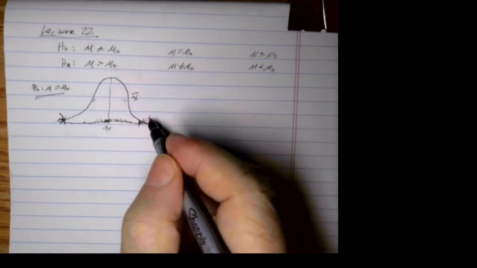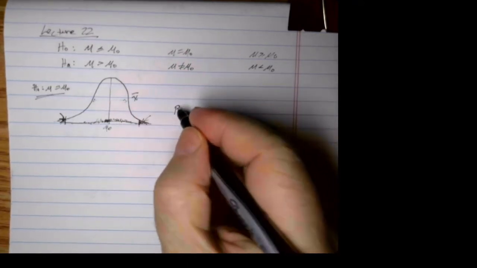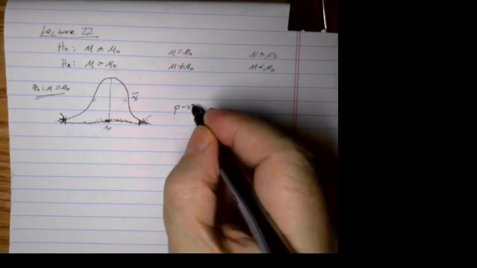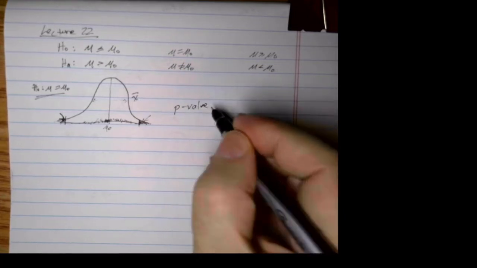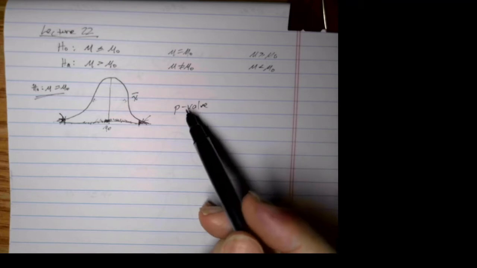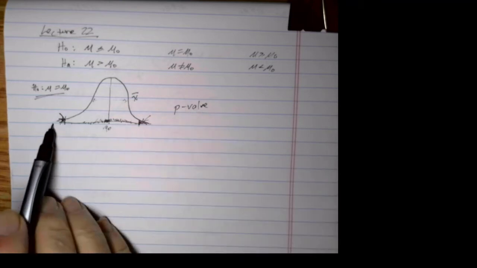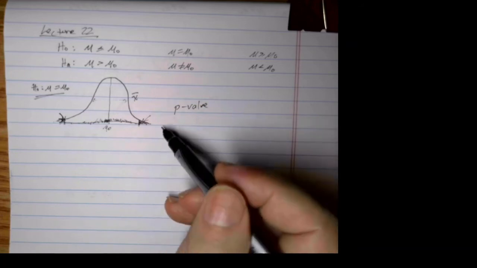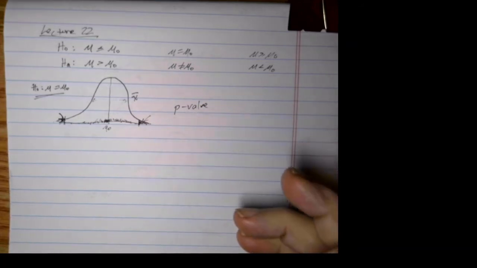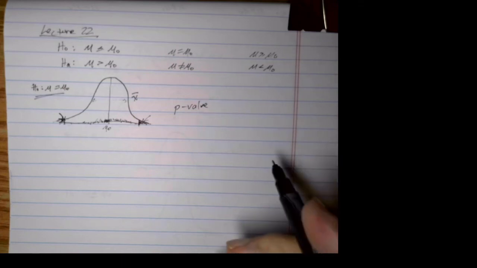The sum of those two little areas is called p, the p-value. And if that p-value, the probability of seeing a sample mean at least as far away from mu naught as the one we have, is too small, we're going to reject the null hypothesis. We're going to say it's probably not true.